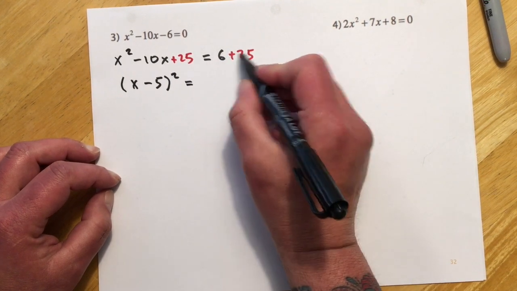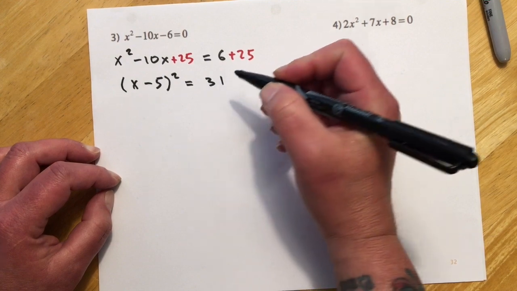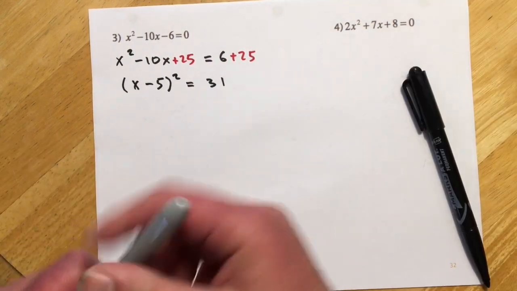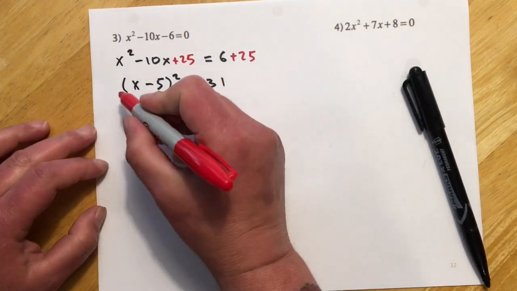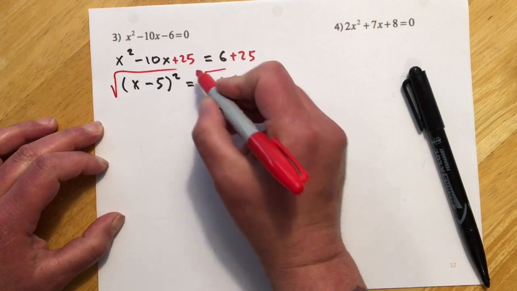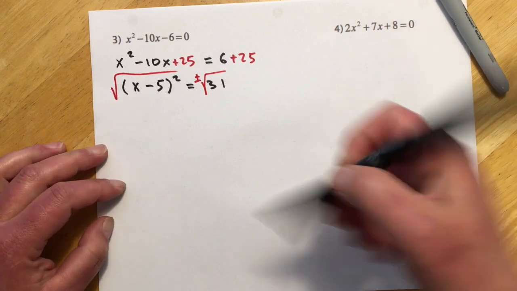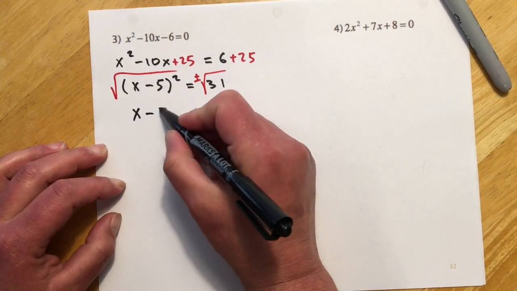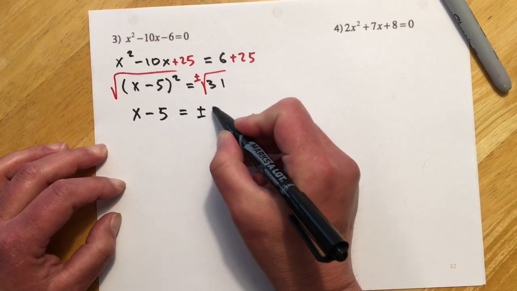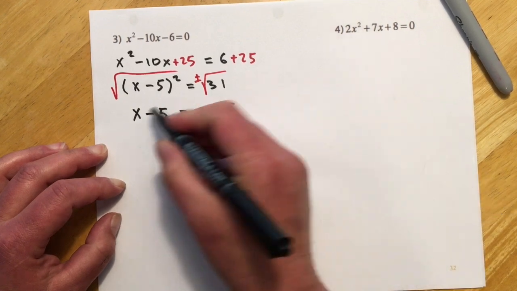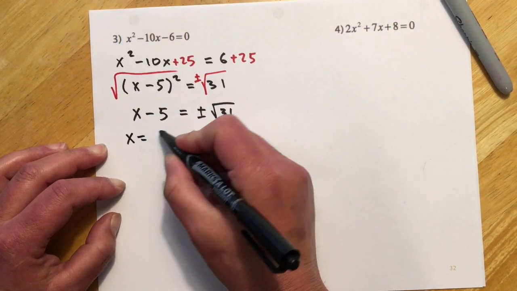And this is going to be 6 and 25 for 31. And then we can root both sides of that, and we need that plus minus. So that's going to be x minus 5 equals plus or minus root 31. And then just kick the 5 over.